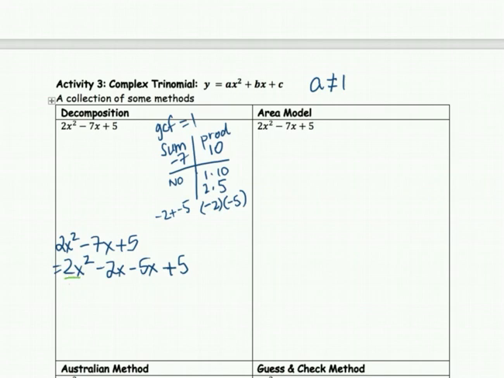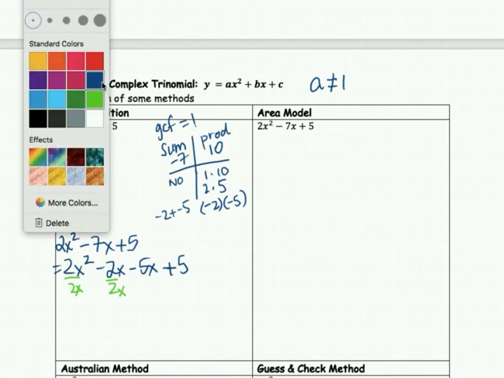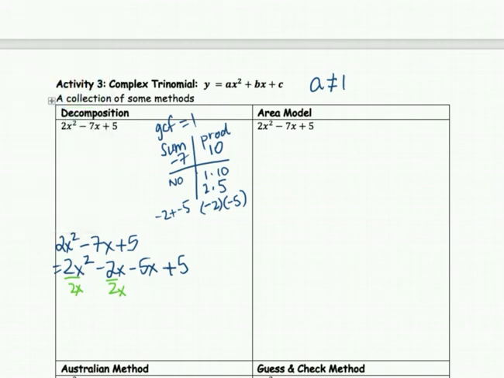Take out all the numbers and letters in common. That'll work here. And the second group: see how the first one here is a negative, so remember, you then divide by negative, and they both have a 5 in common.